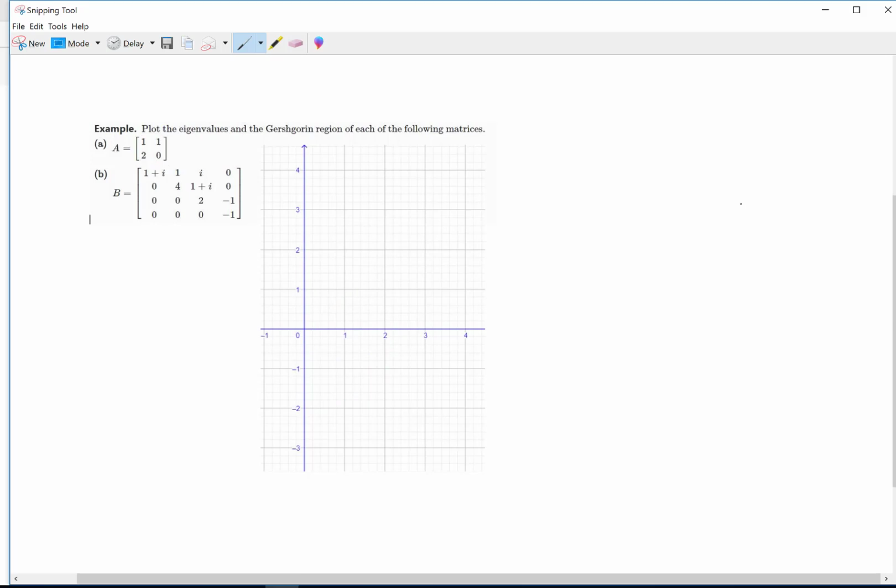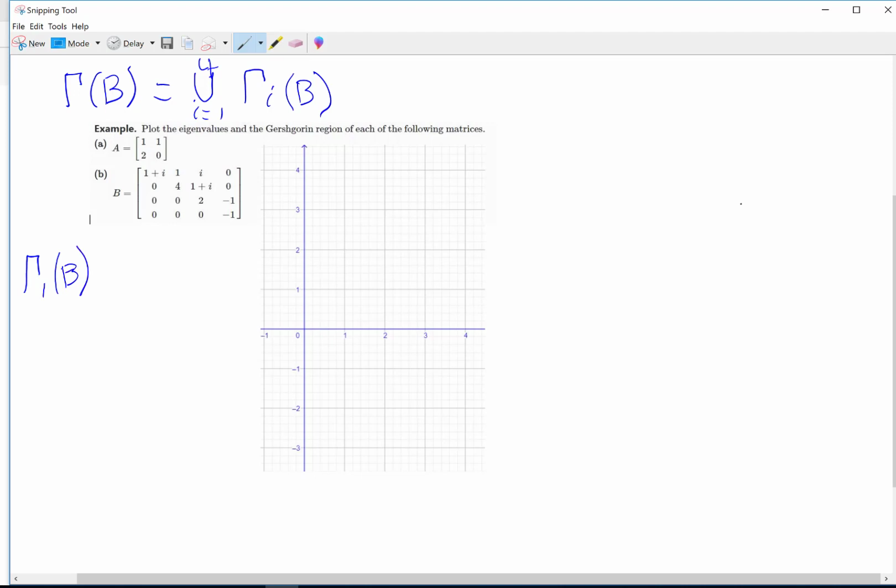For part B, we want to find the Gershgorin region of matrix B. And this is going to be the union of 4 disks because, so we'll say i equals 1 to 4 because n equals 4. There are 4 rows. Each row gives us a disk. And the disks we can write as gamma i of B in this case, matrix B. And so we'll talk about each one. So gamma 1 of B, right?